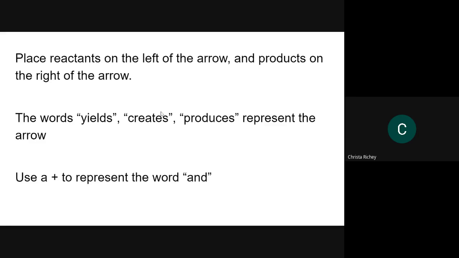If sodium reacts with chlorine gas, it's Na plus Cl2. And then we have the arrow, which is the reaction itself. So to produce, to create, if it yields, if it forms, there are other words to put here. Now, if it's a gas, like with the elephant toothpaste stuff, bubbles, that's called evolution of a gas. That is a product.